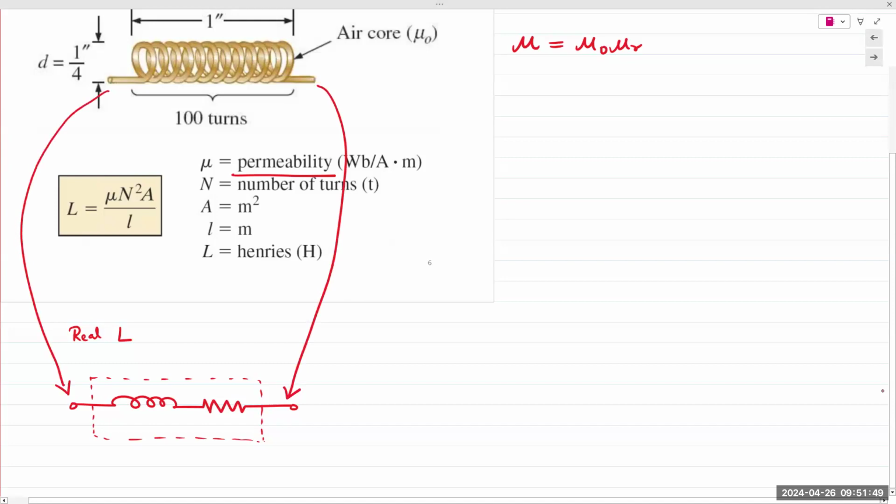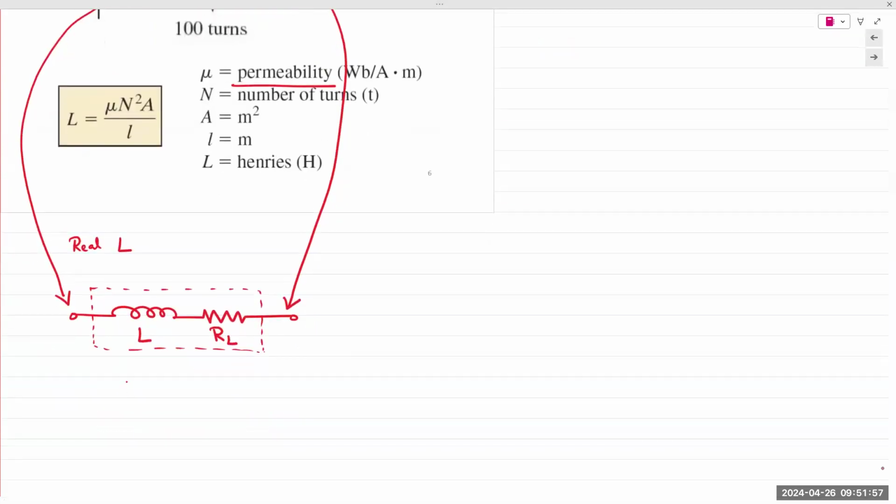This inductor will be labeled as L, and this would be labeled as RL, the inductor resistance. It is part of the inductor; you cannot separate it out. This information is going to be useful in lab number 6.